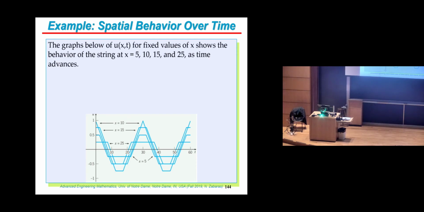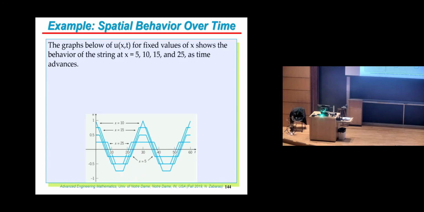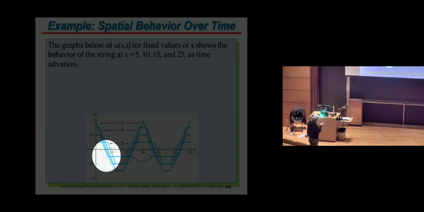So when you look, let's say, at x equal 5, what is going on there? Can you tell me? If this solution is correct, what is going on at x equal 5 for about a third of the period? Let's say for this little period there, I cannot zoom it now, right?